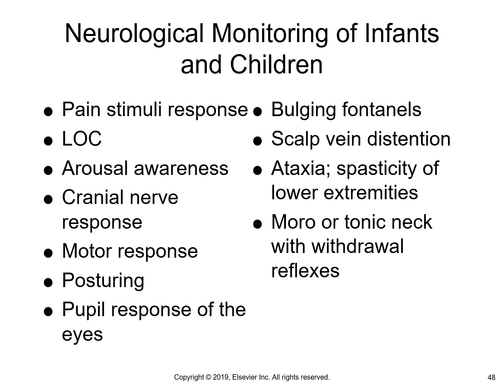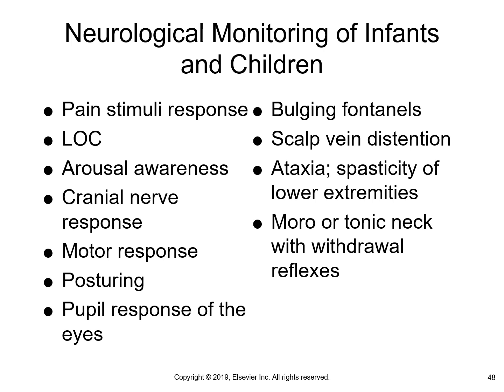Neurological monitoring of infants and children. So you're going to look for pain stimuli response, and if we need to use the pain chart that we talked about during class, it's in the book, those smiley faces, right?